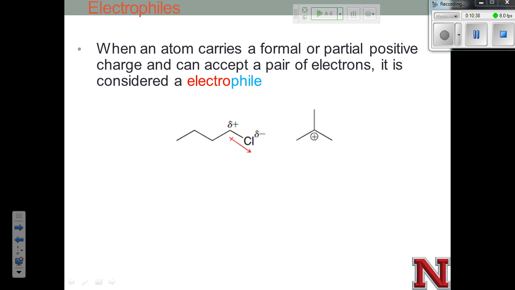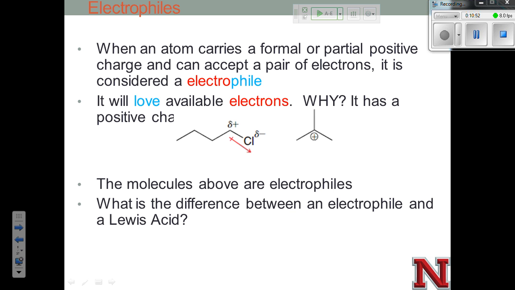So our partial positive carbons and our positive carbons are always electrophiles. Also our partial positive protons and positive protons are, of course, electrophiles. So those are acid-base reactions. They can accept electrons, so that's what we're always looking for.